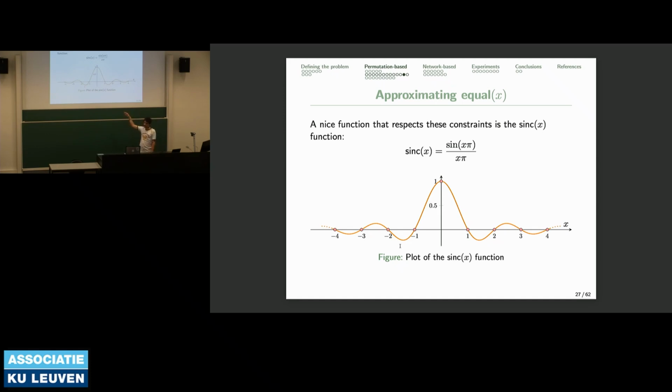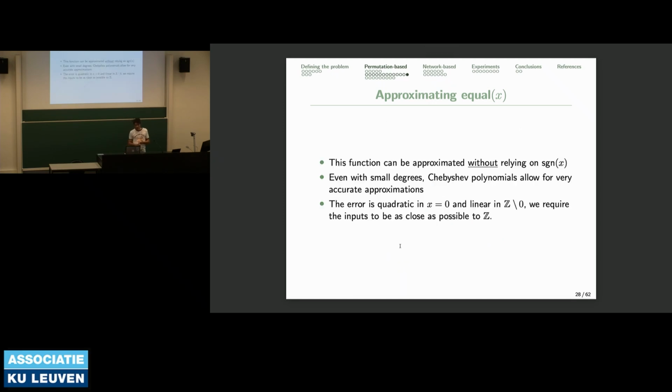But this function, with respect to the previous one, is way easier to approximate. We can simply plug in Chebyshev polynomials here. Even at low degrees, we can approximate it very easily and very accurately. So this is very nice. And moreover, we don't need to use the signum function once more.